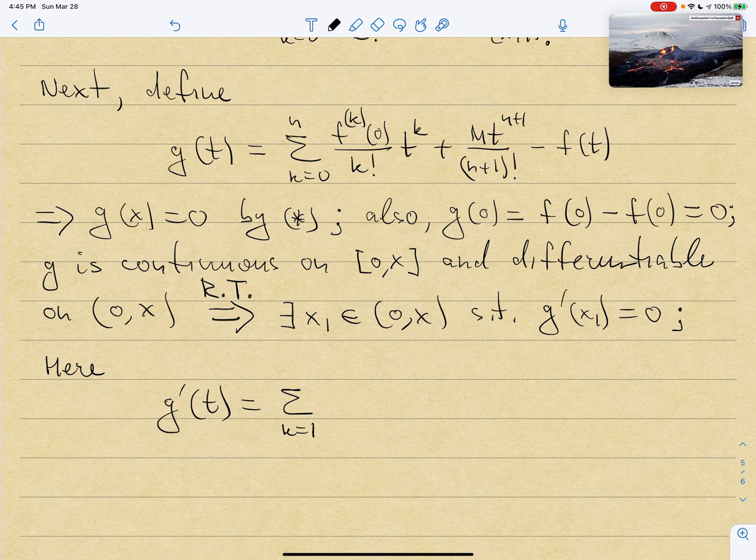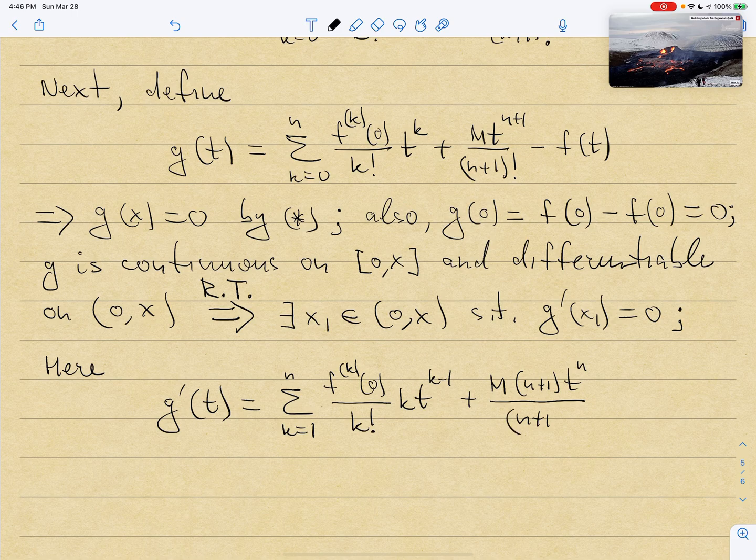But I'm still going to, up to n here, f k of 0 divided by k factorial, and then k times t to the k minus 1, plus, you take a derivative here as well, so m times n plus 1 t to the power n over n plus 1 factorial, minus f prime of t.